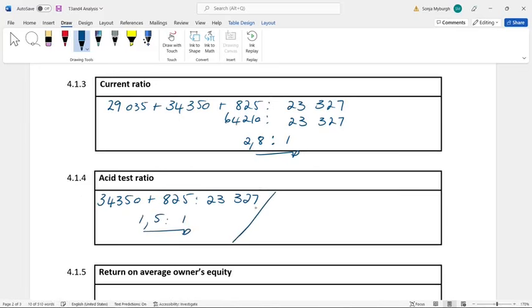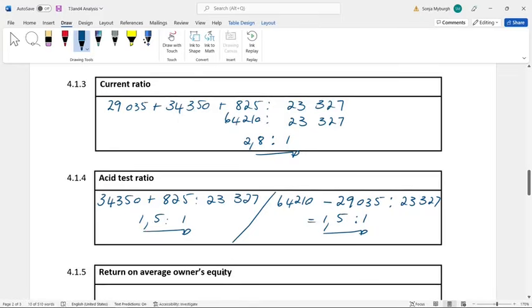You can also say if the 64210 was the total current assets, then you can just subtract the trading stock from that towards your current liabilities, and that will also give you 1,521, the same answer.